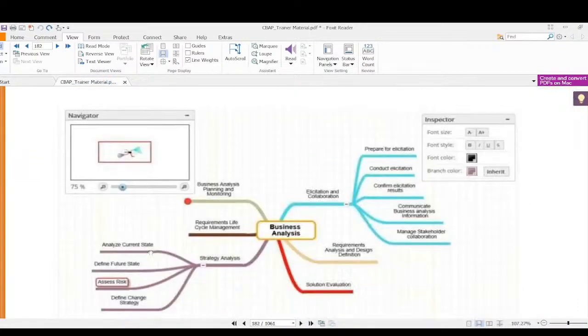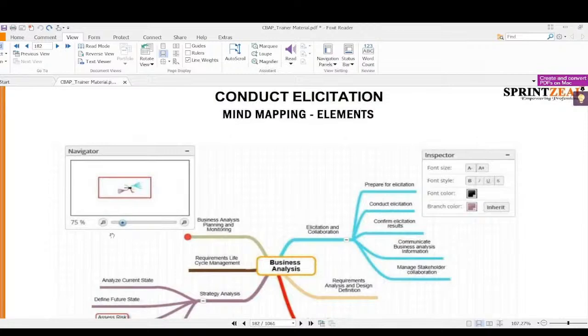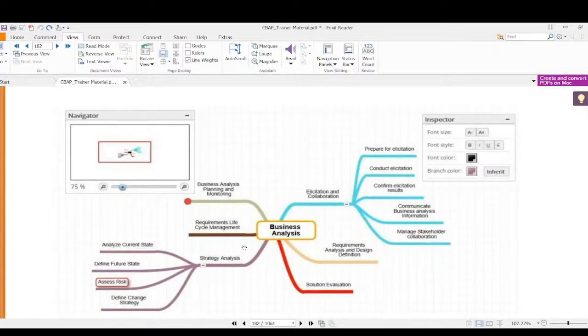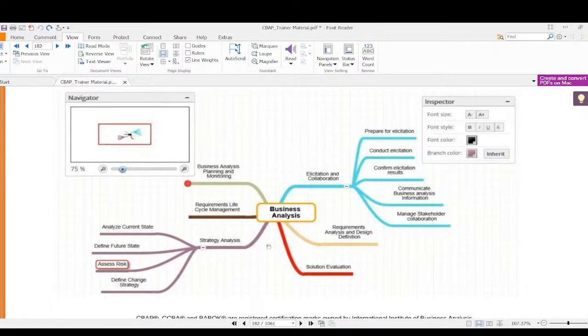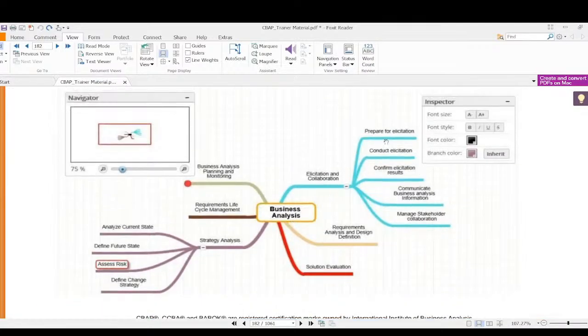So this is one diagram of mind mapping wherein they have shown the mind mapping of business analysis tasks and activities. If you see, we have been discussing elicitation and collaboration. Elicitation and collaboration can further be divided into preparing, conducting, confirming, communicating information, managing.